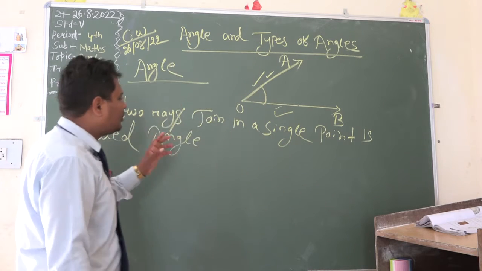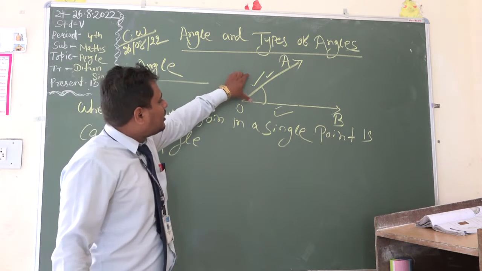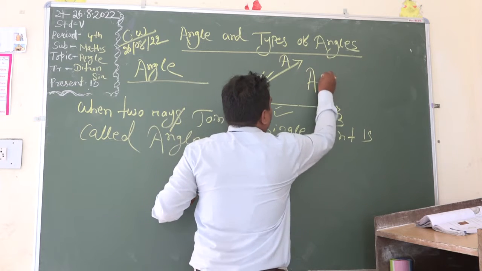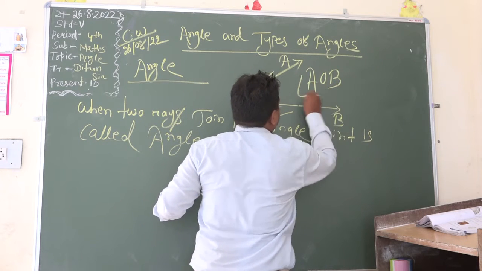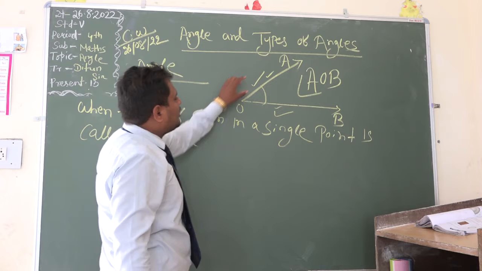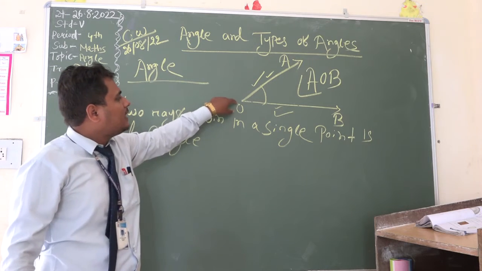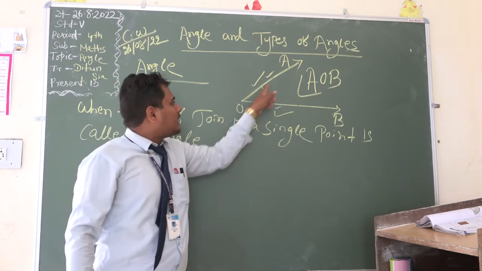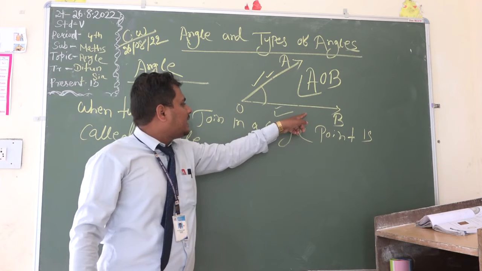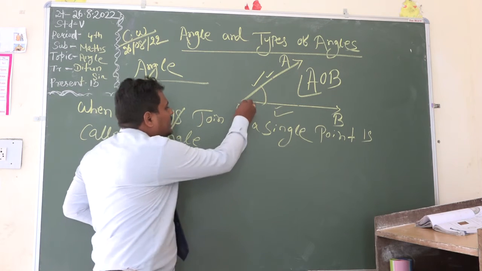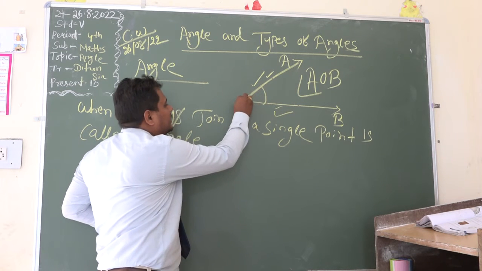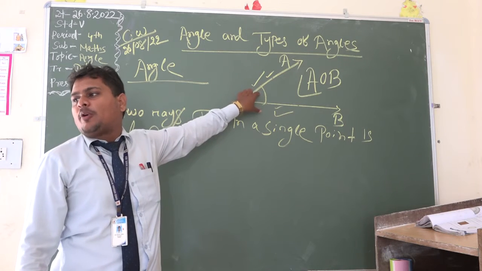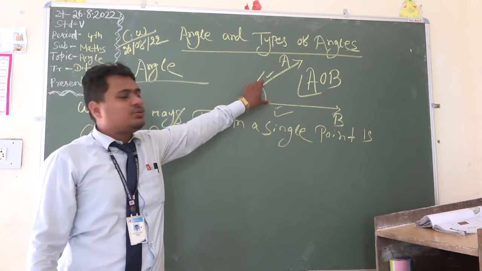The name of this angle will be the AOB angle. Why have we written AOB, and not ABO? Because the OA ray and the OB ray are both joined at a single point, that is the point O. So O is the middle point, or connecting point, of the two rays.